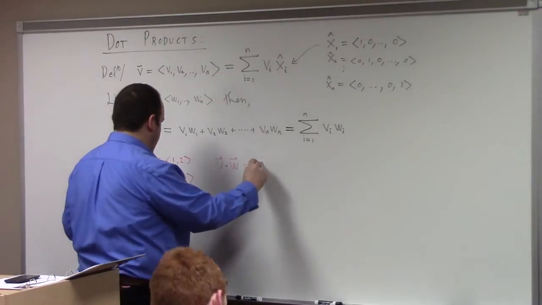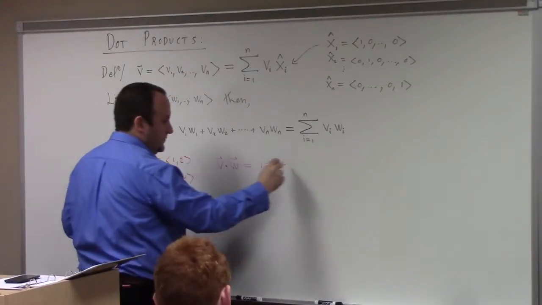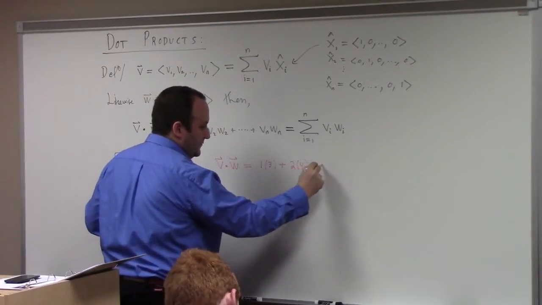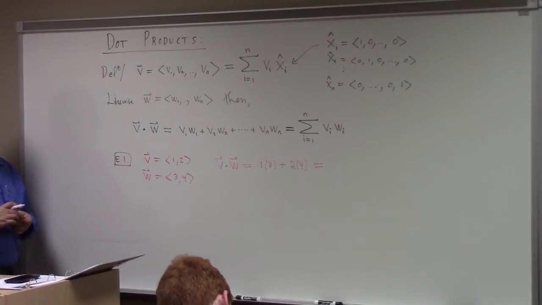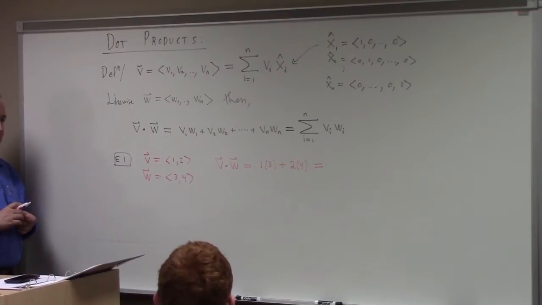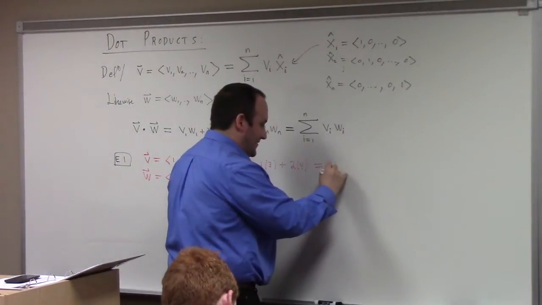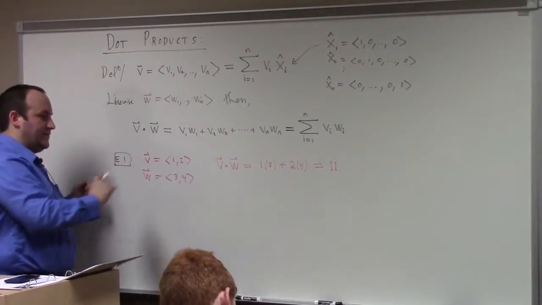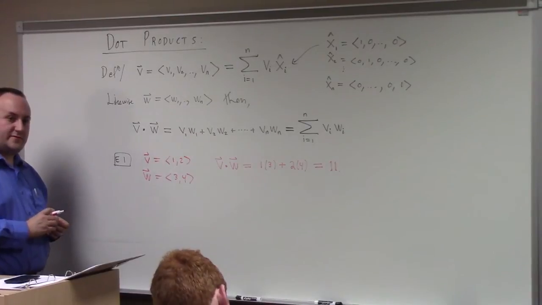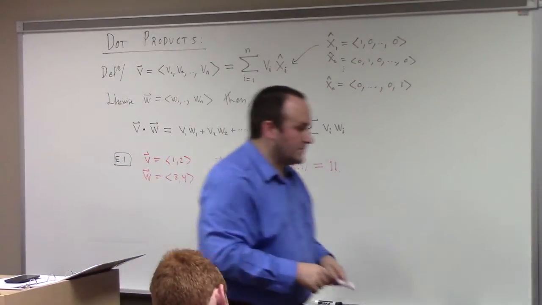So what we do is we do 1 times 3 plus 2 times 4. What do we get? 11. All right, good. I know it's early, but I think you can do that, right? Now leave yourself a little space. We'll add a little bit more detail to this after we've developed a few more concepts. Leave yourself a little room to write more here.